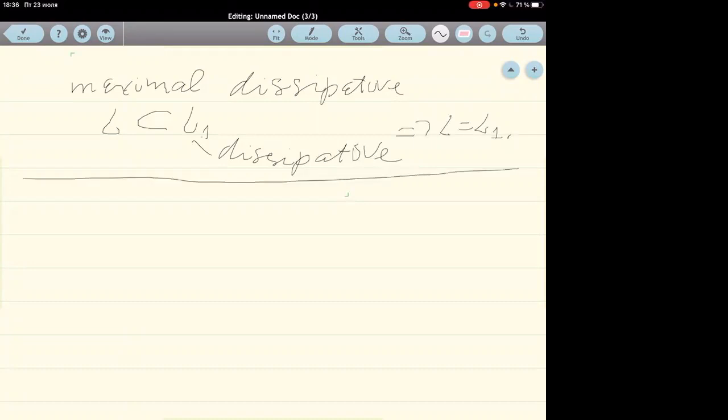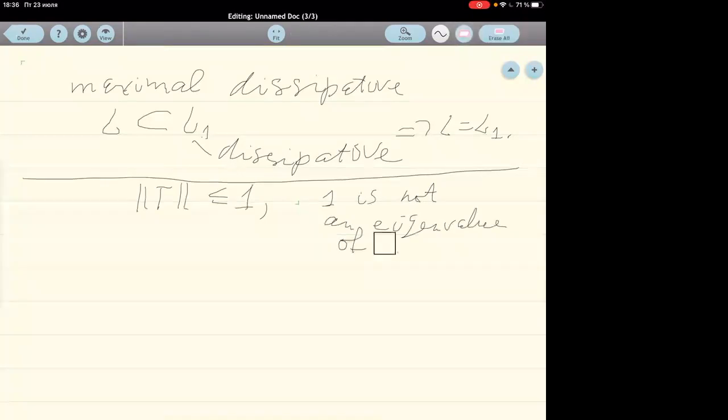And there is a one-to-one correspondence between maximal dissipative operators and contractions T of norm at most 1, such that 1 is not an eigenvalue of T. Namely, if T is such an operator, then we can define the following dissipative operator: L is i times (the identity plus T) times (the identity minus T) inverse.